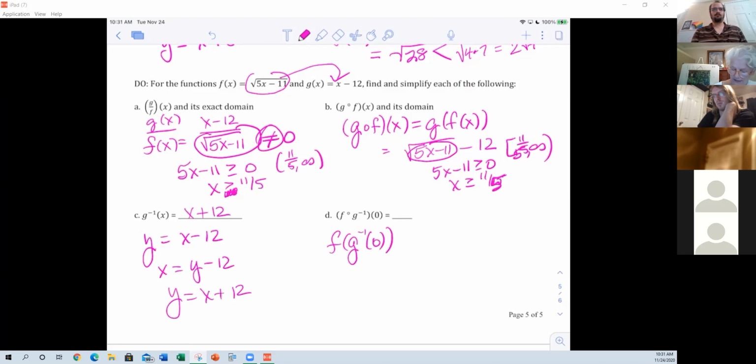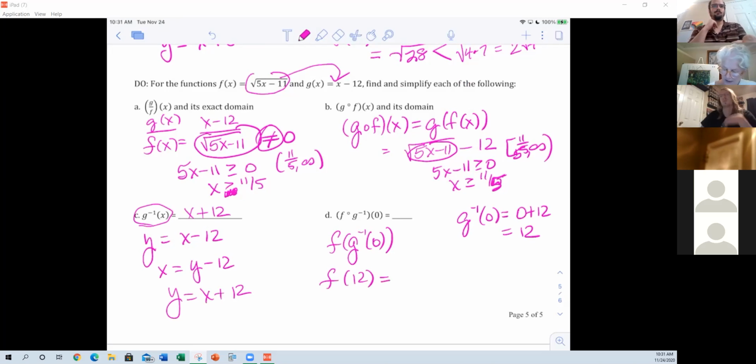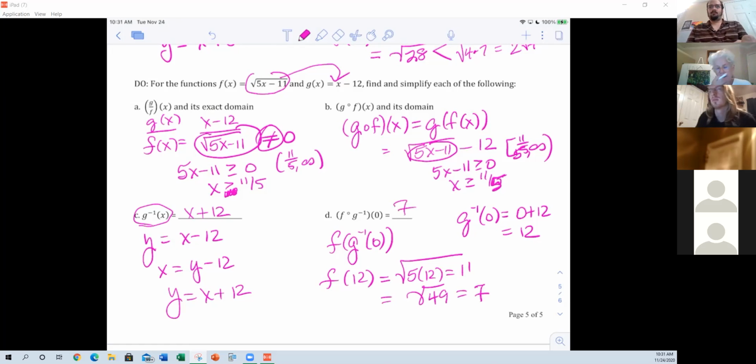We found that g inverse of x is x plus 12. So g inverse of 0 would be 0 plus 12. So f of 12 would be the square root of 5 times 12 minus 11, which is 60 minus 11, which is 49. And that would just be 7.